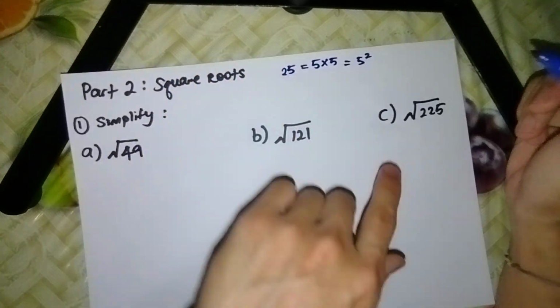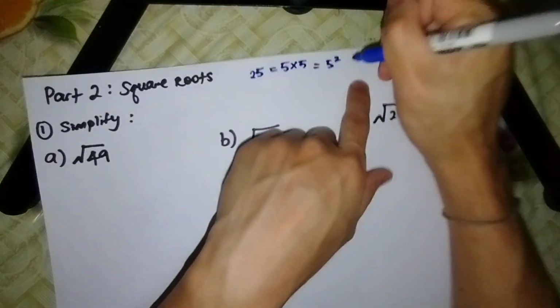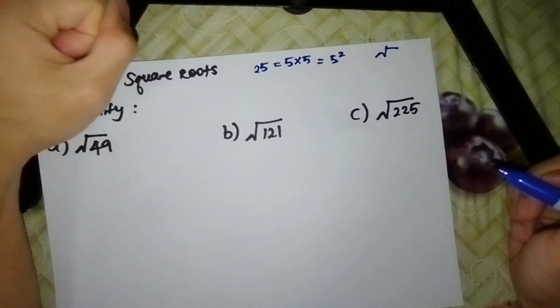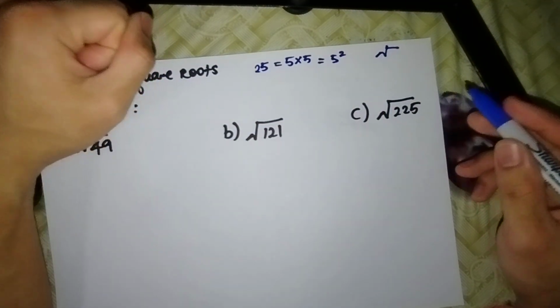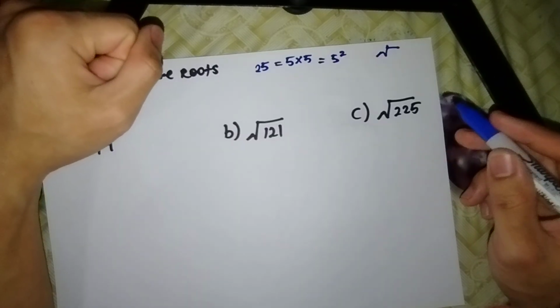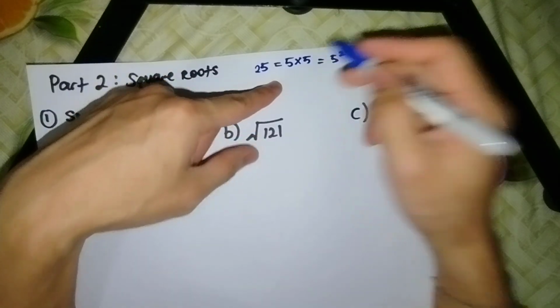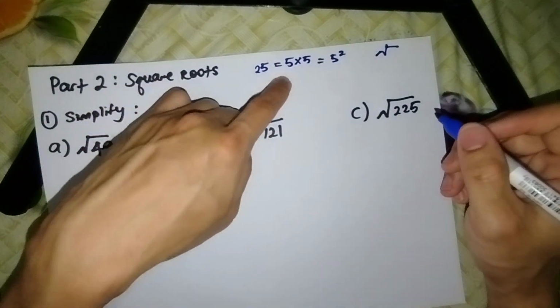For square root, we use this root symbol. And when you take the square root of something, you kind of get rid of its partner. So in this case, 25 is equal to 5 times 5.